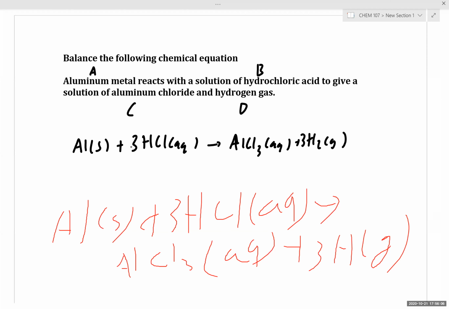Do your formulas for this unbalanced equation match? Do you have a different formula proposed? Do you have any questions in terms of getting the formulas for each of these different elements and compounds? And then I'd like you to start trying to balance this equation and comment on whether you agree or disagree with the proposed coefficients, whether you have a different set of coefficients.